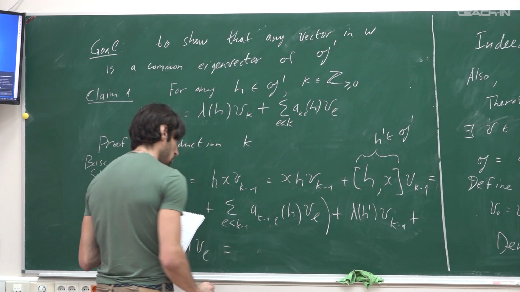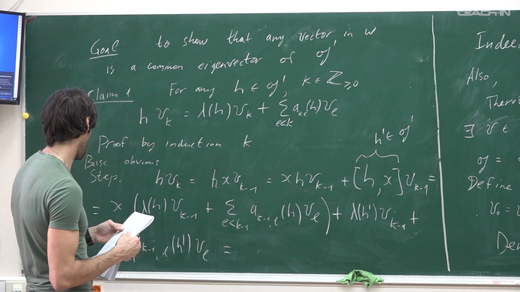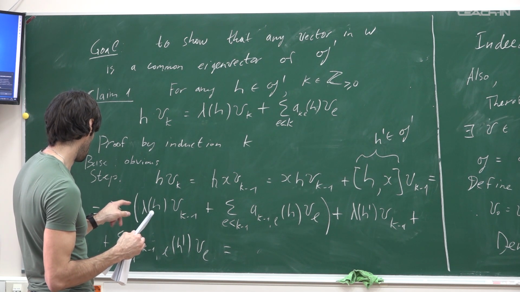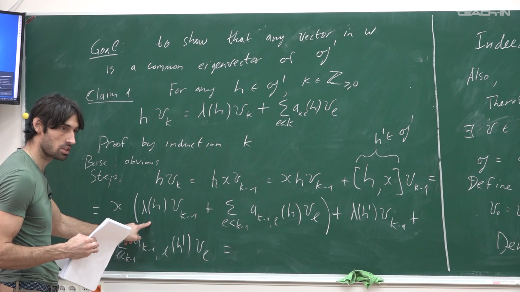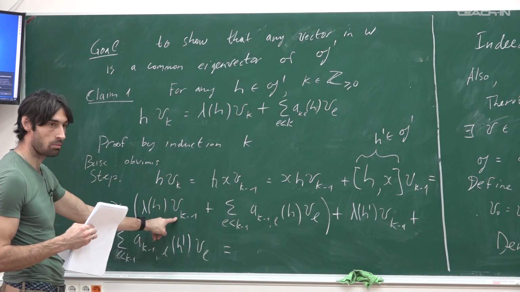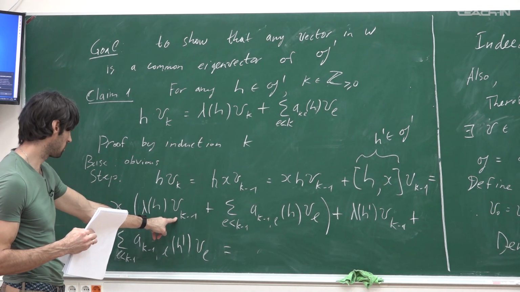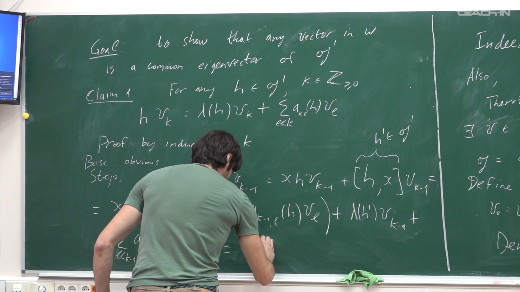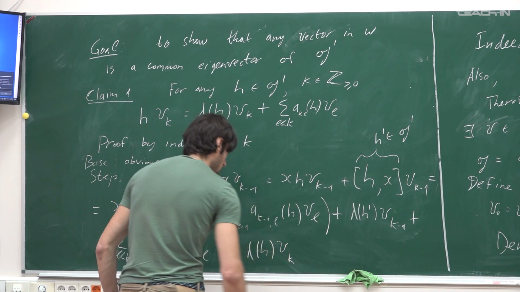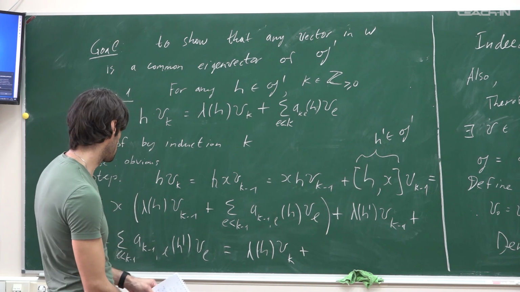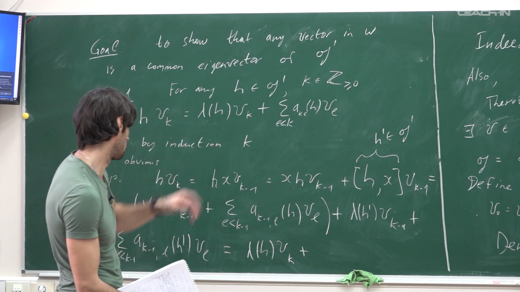Anyways, if you look, the only v_k that we'll get is from this. So x goes through, hits v_{k-1}, we have v_k. So it's lambda h times v_k. And everything else is just this sum.